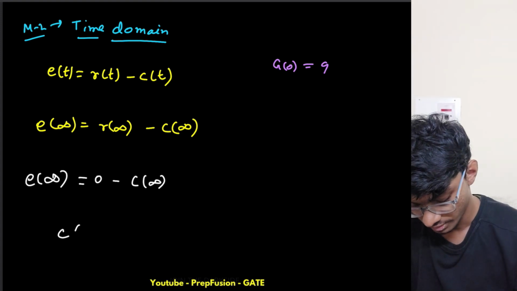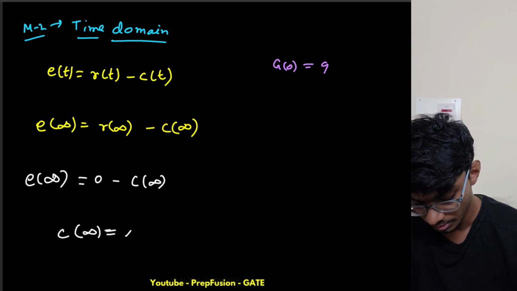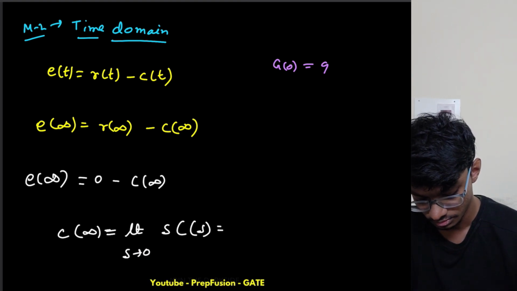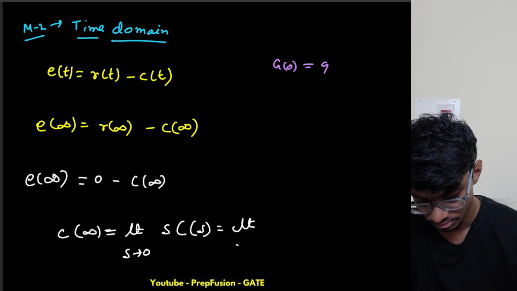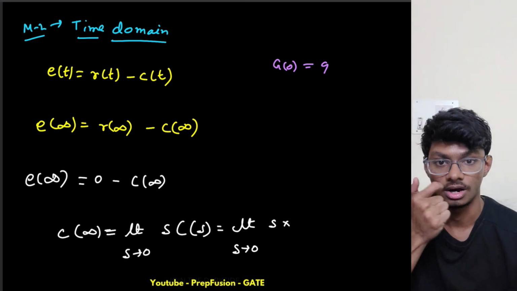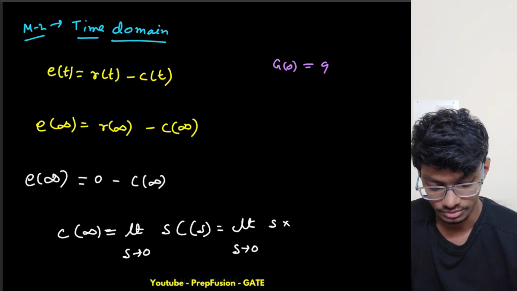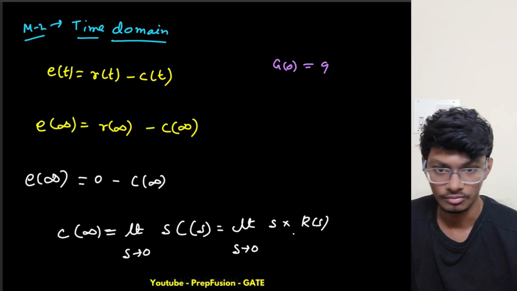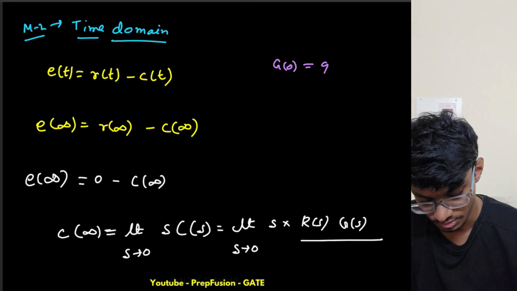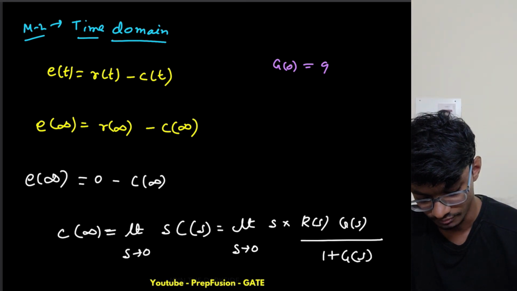So c of infinity will be equal to the limit as s tending to 0 of s times c of s, which is the limit as s tending to 0 of s times r of s into t of s, which is r of s into g upon 1 plus g of s. So this is my simple t of s, right?